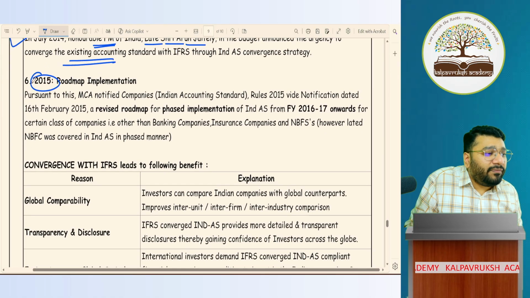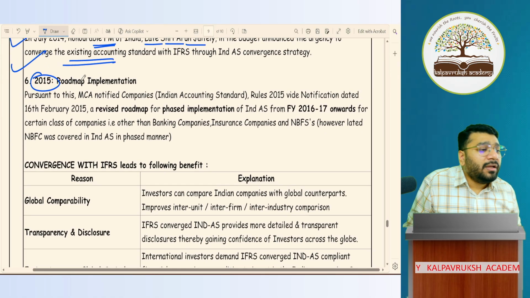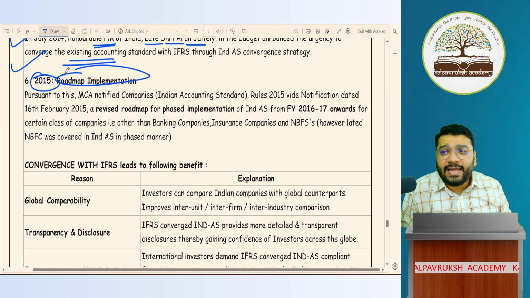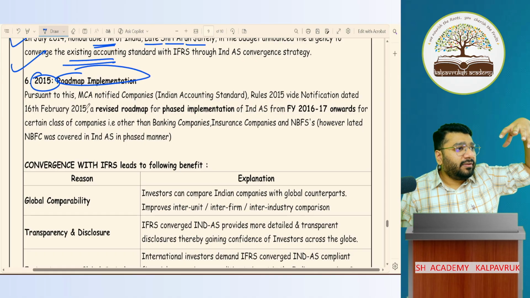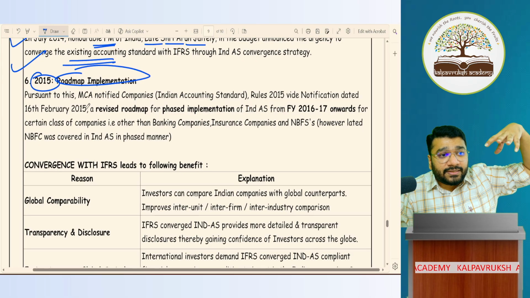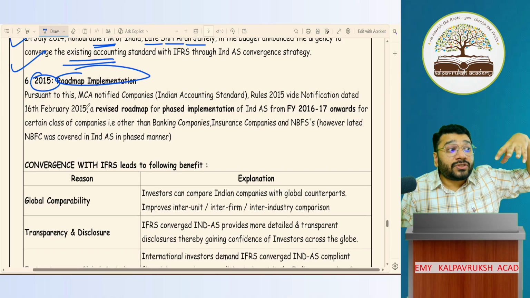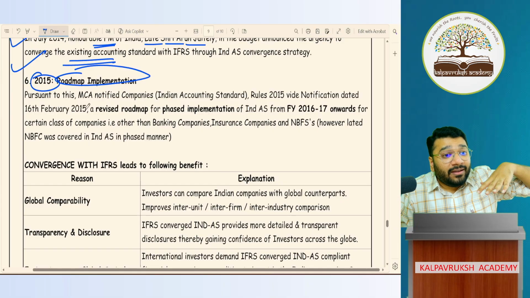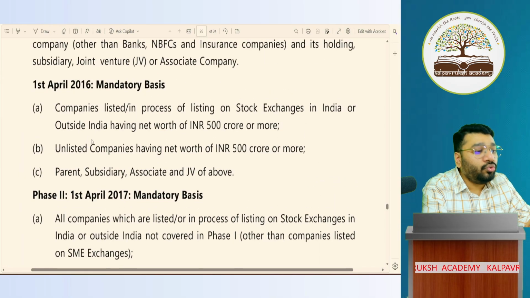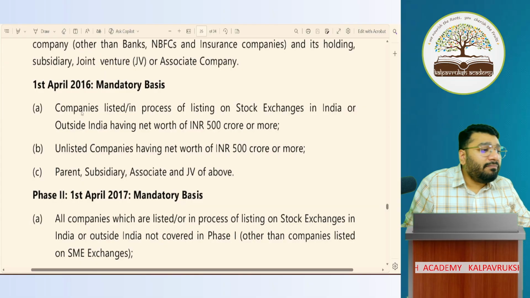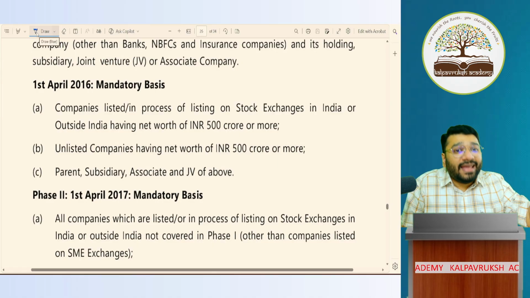Therefore, in 2015, after this ultimatum, a roadmap for implementation of Ind-AS was brought into picture, where a few set of companies, for example, all the listed companies or those companies which are in the process of listing, having a net worth of 500 crores or more, had to follow accounting standard mandatorily. Which accounting standard? Ind-AS mandatorily.